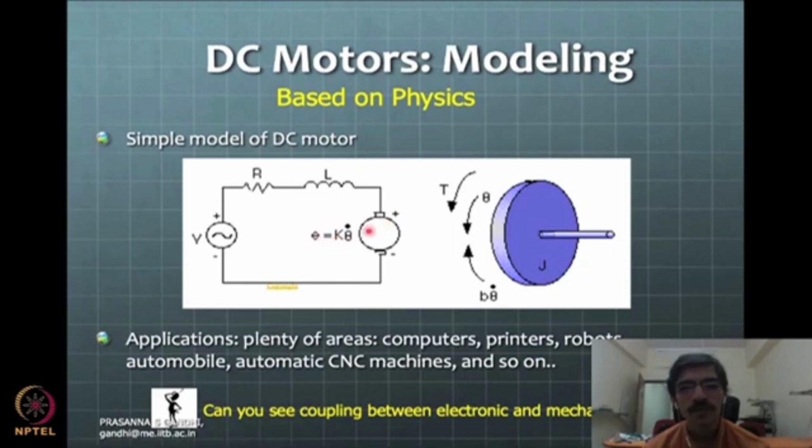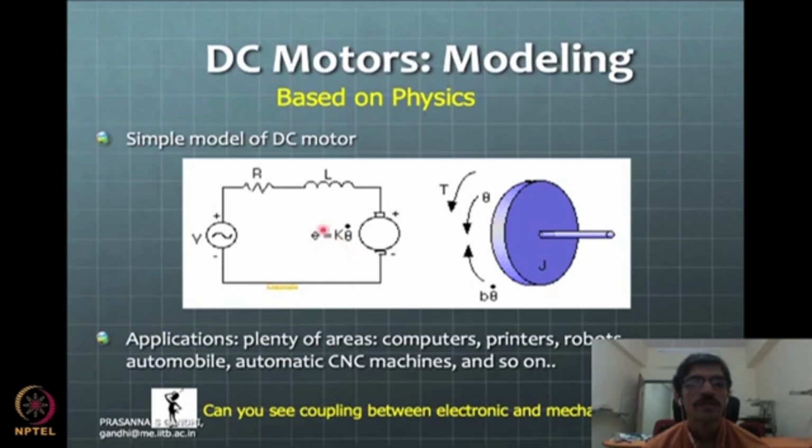And the faster you move the motor, the more current is generated, or the more back EMF is generated. So this back EMF is proportional to theta dot, sorry, the velocity of motor shaft rotation.